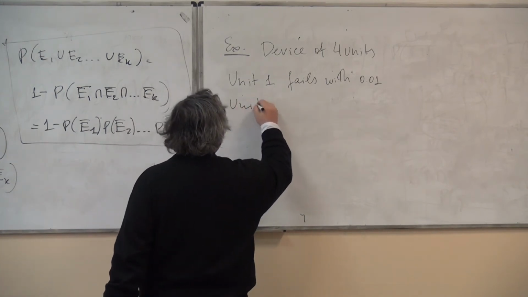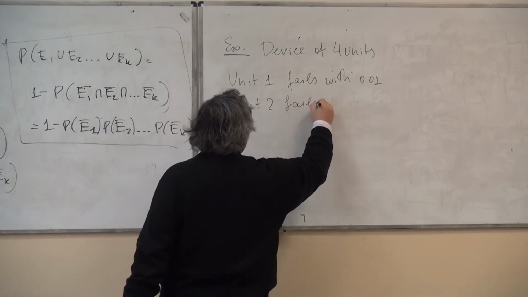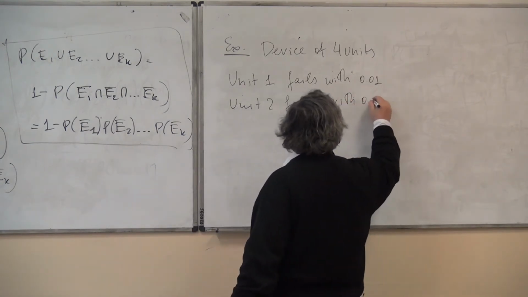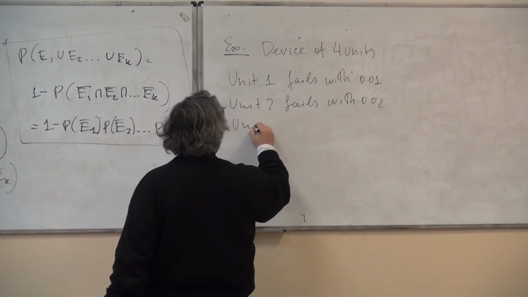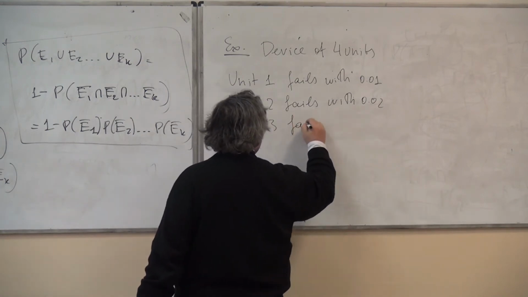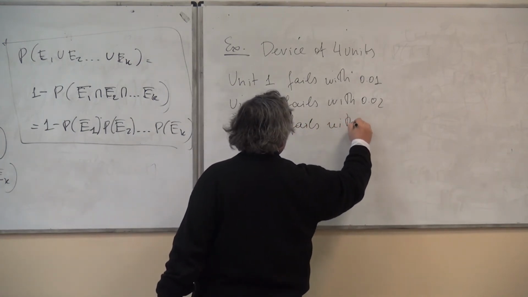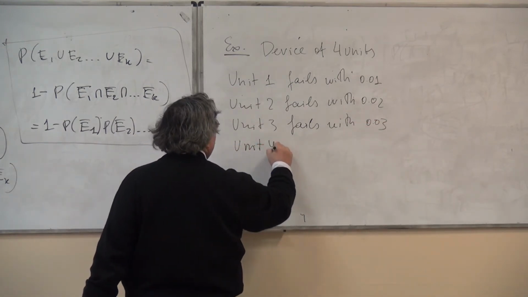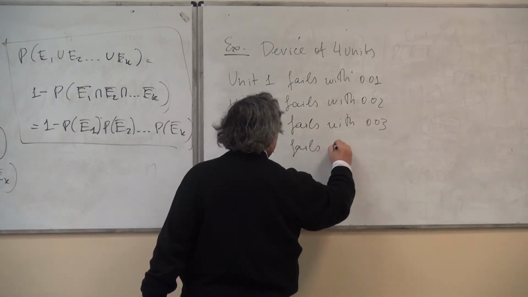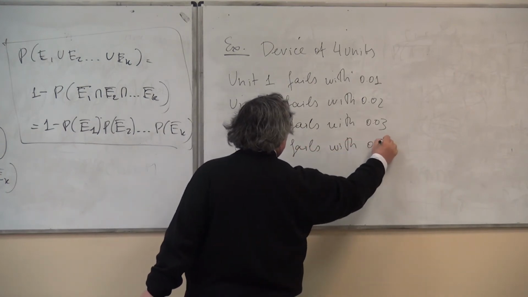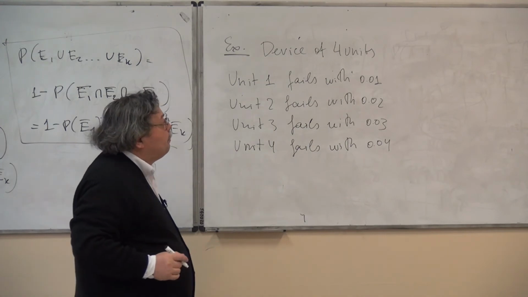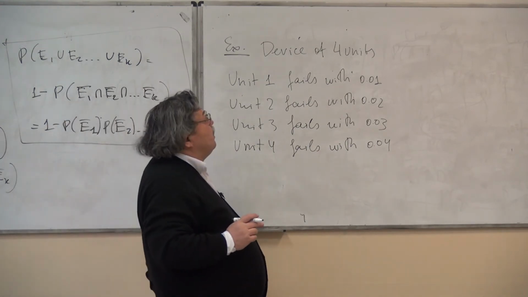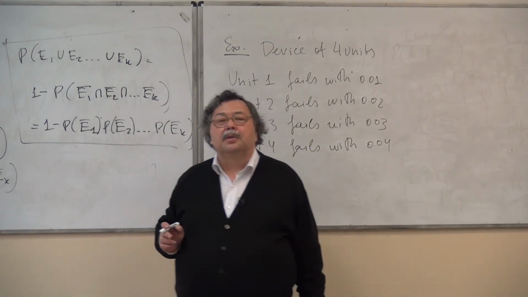Unit 2 fails with probability 0.2. Unit 3 fails with probability 0.3, and unit 4 fails with probability 0.4. Now let's assume that each of these units is critical for the operation of the entire device.